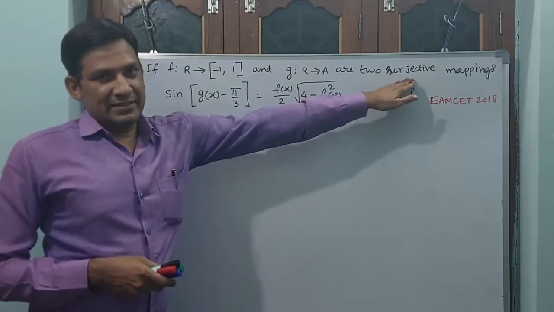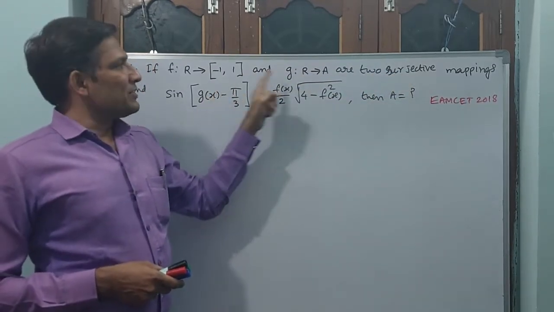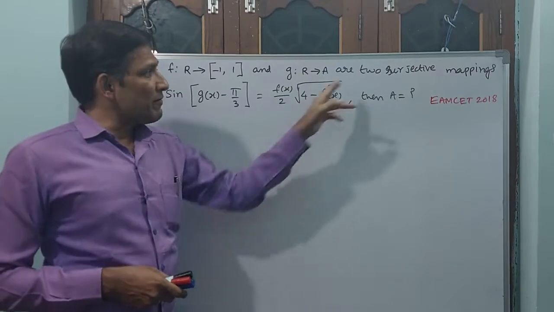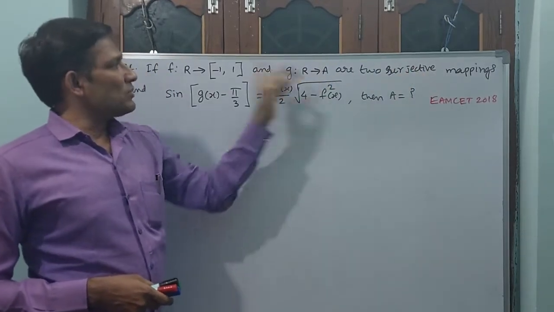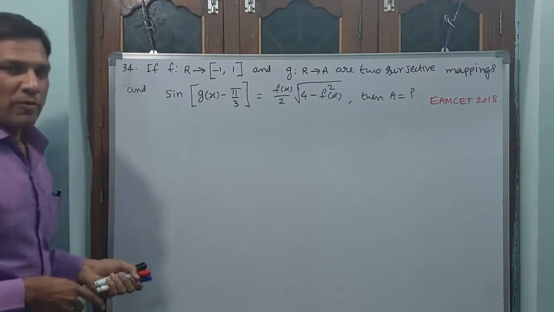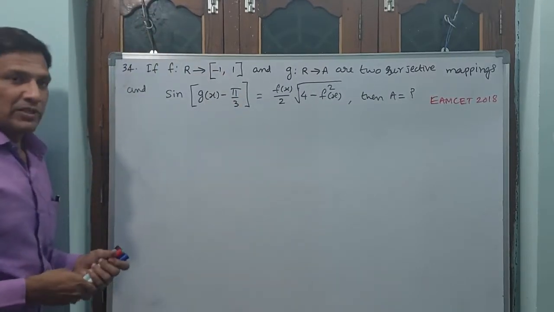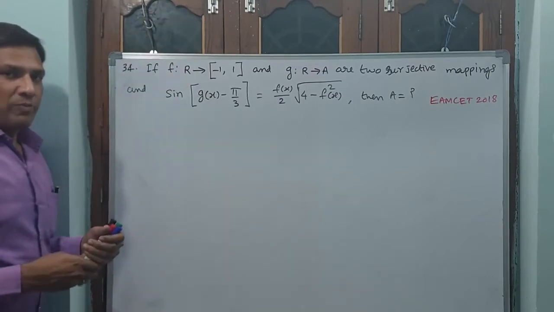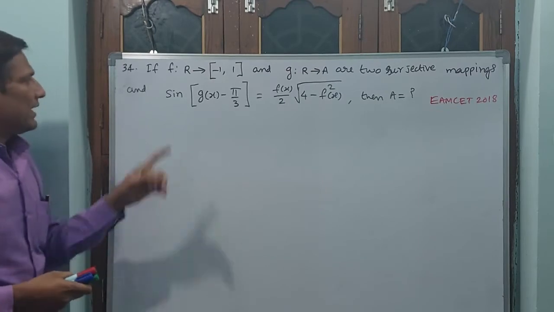Until you read this word, in your mind it could be codomain or range. But when you come to know that the two are surjective mappings, then both are ranges, not codomain. Why? Because surjective means onto function. All are occupied.